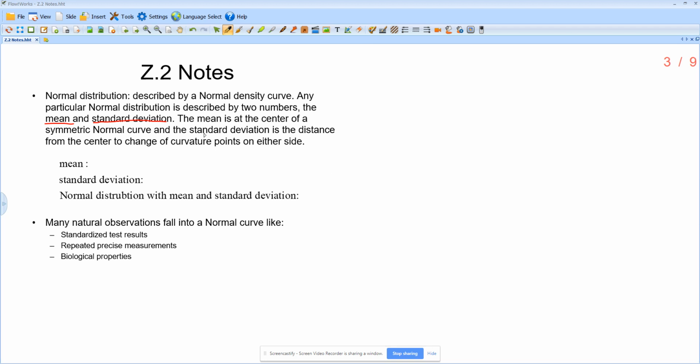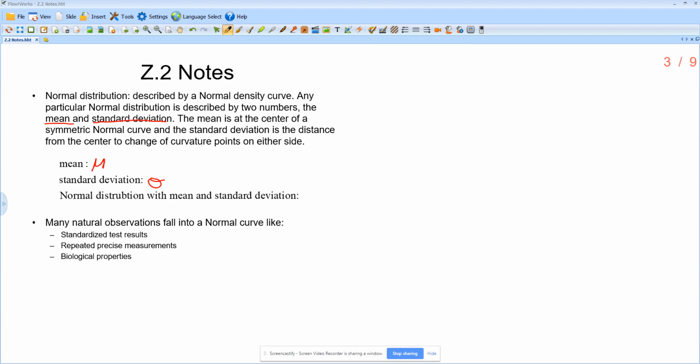The standard deviation is the distance from the center to the change of curvature points on either side. Now, when we're talking about the normal distribution, we're going to talk about the mean being mu, that Greek letter, mu. And our standard deviation is lowercase sigma, which looks like that.